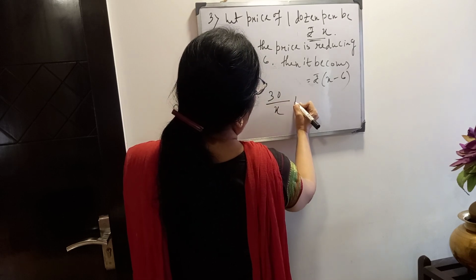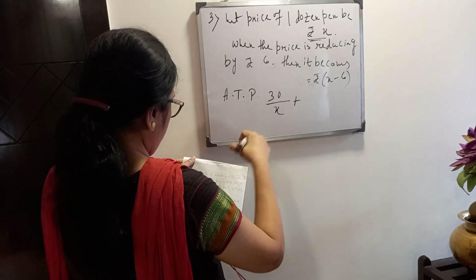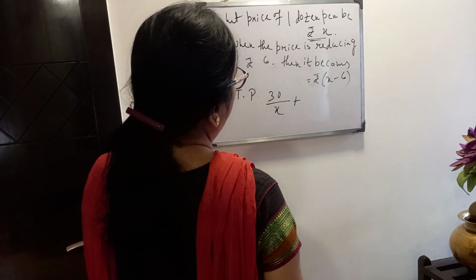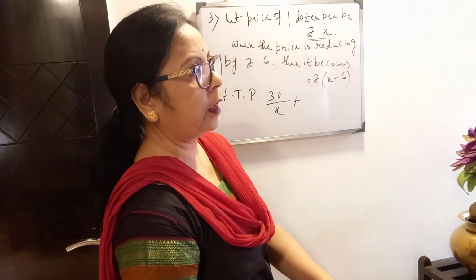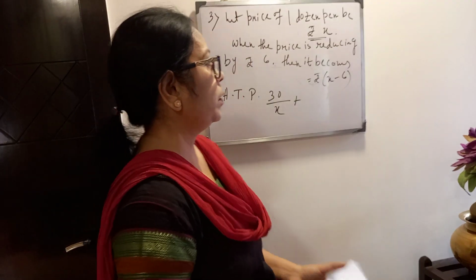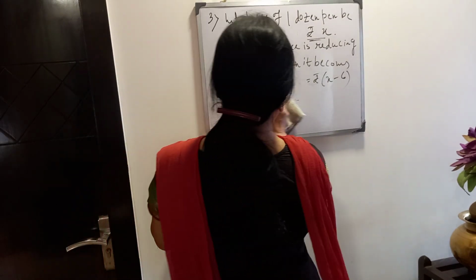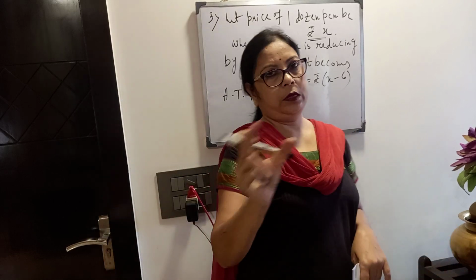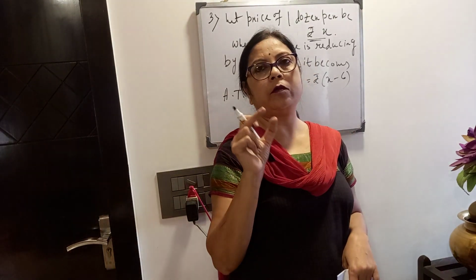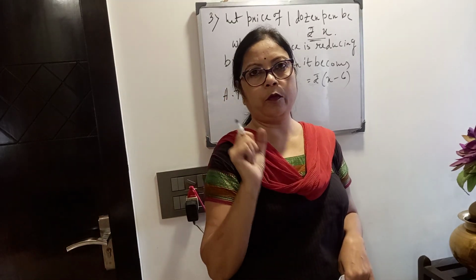Clear? Plus when the price is becoming x minus 6, then you are getting 3 more pens. Then the difference in both the cases becoming 3 pens. So you have to convert it to dozen, 3 by 12.